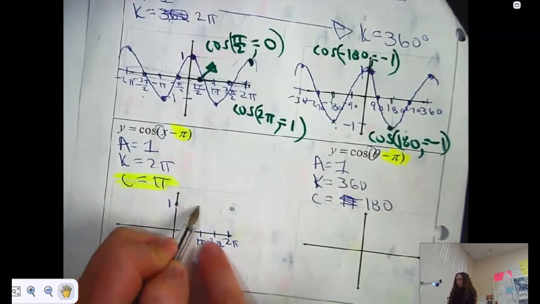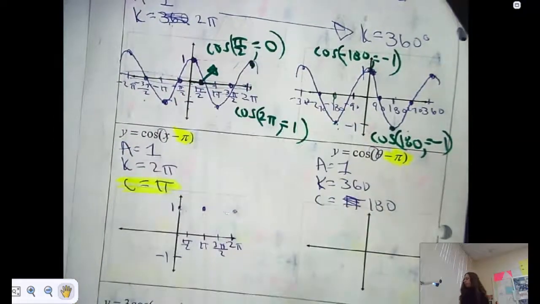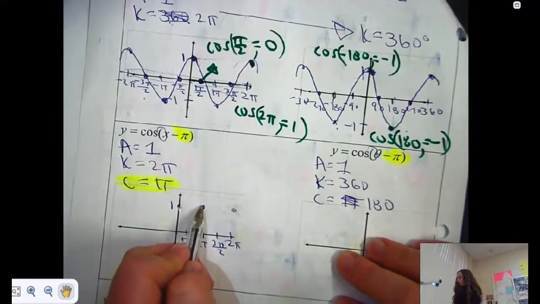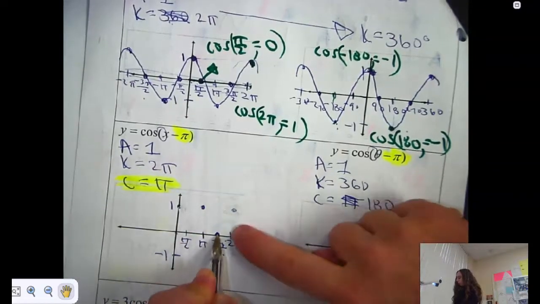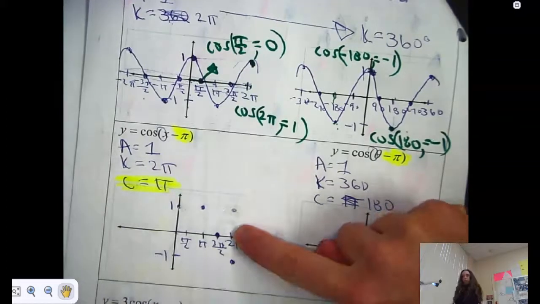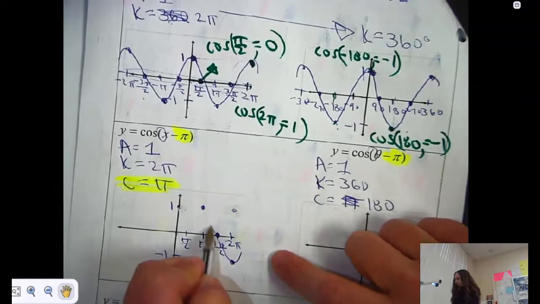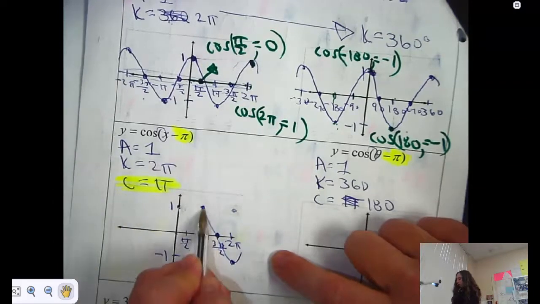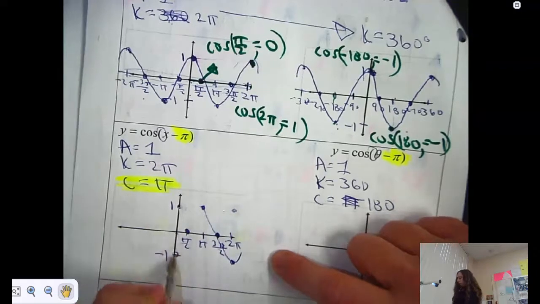My top is over here at pi. It's horizontally shifting. So that means if that's my top, 3 pi over 2 is my middle, which means 2 pi negative 1 is my bottom. And then if I continue, what would happen next if I'm going backwards, right? That means if this is top, this is middle, this is bottom.